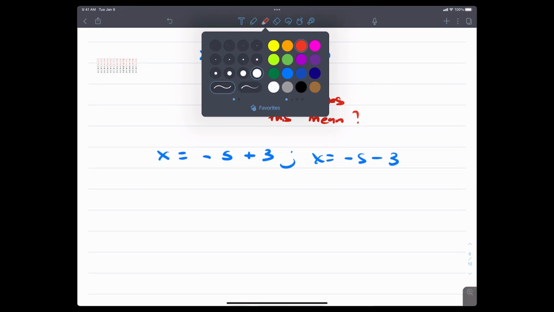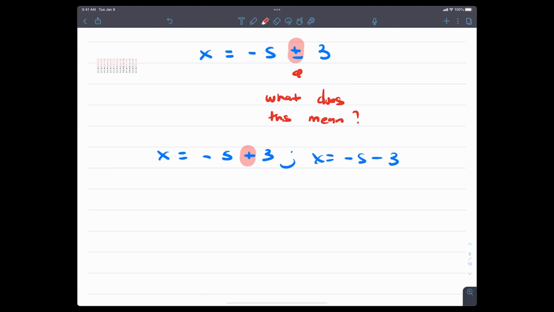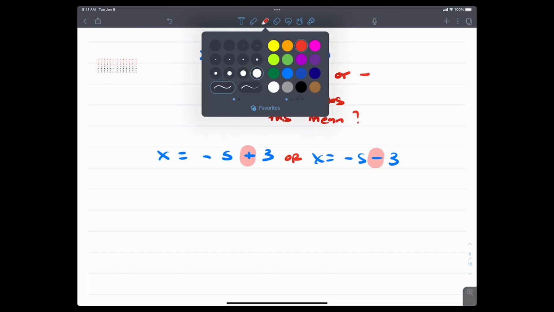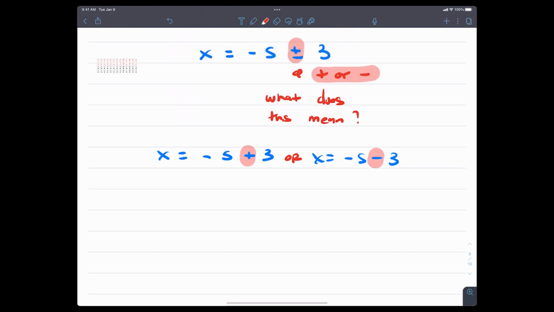Plus or minus means just that. Plus or what? Or minus. If you want, replace this here with the word or, because this is what this means. Plus or minus. So part of the course is knowing these definitions. So -5 plus 3. What's -5 plus 3? Isn't that -2? What's -5 minus 3? That's -8.